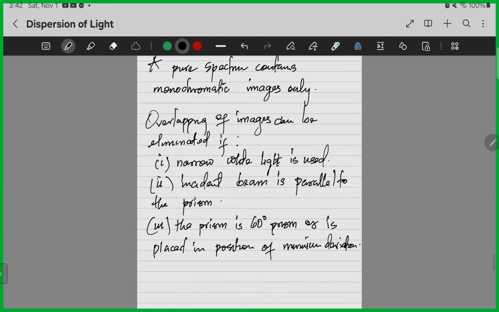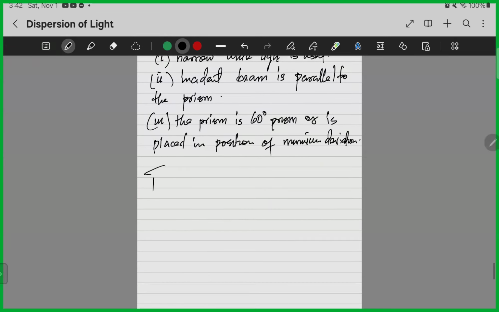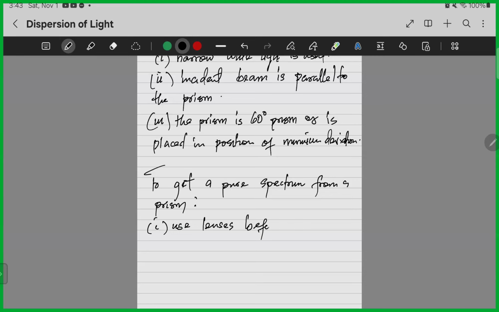And in order to get a pure spectrum from a prism, a triangular one at that, we use lenses before and after the prism.